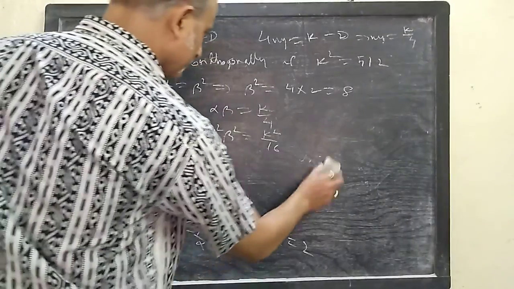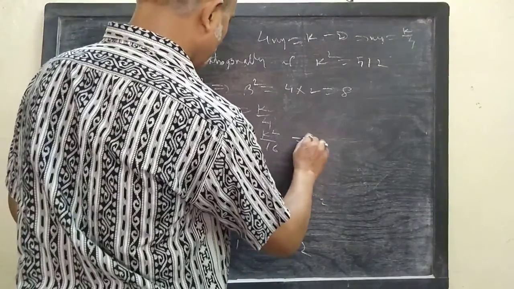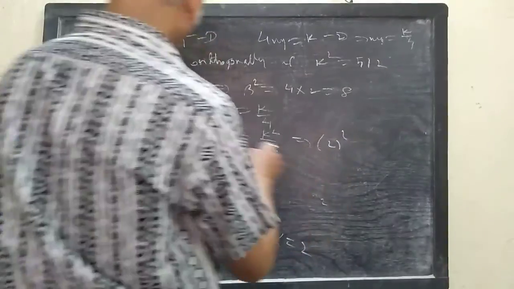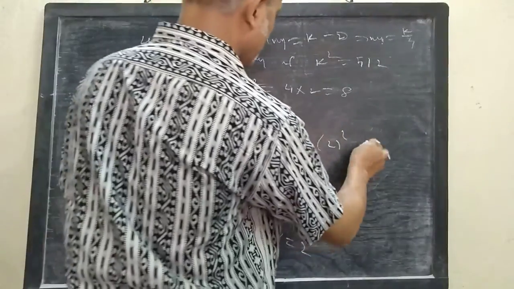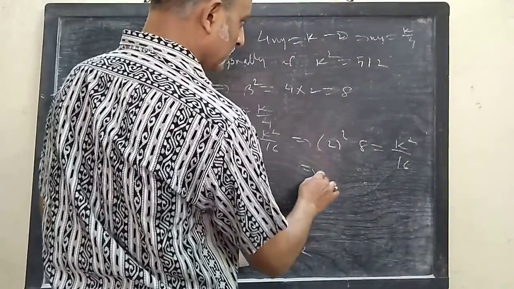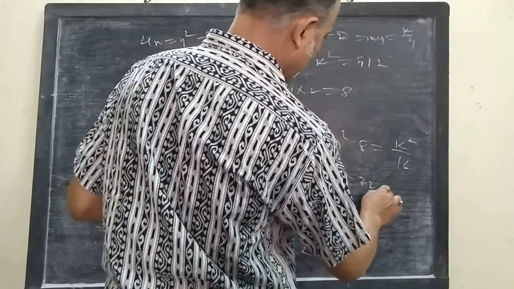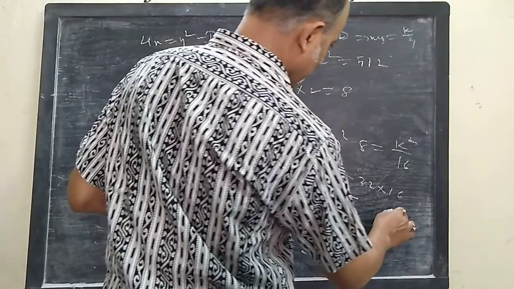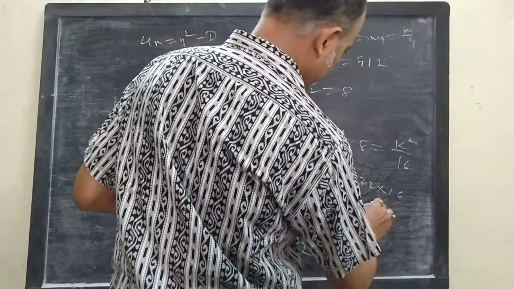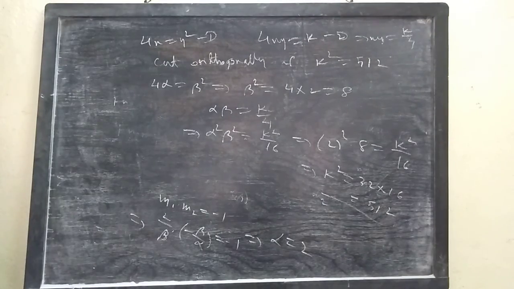Next, put alpha equals 2 here and beta square equals 8, so 8 equals k square by 16. So ultimately we get k square equals 4 into 8, that is 32, into 16, that is 512. Hence proved.